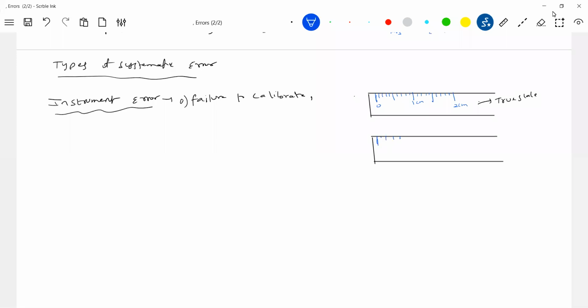Tell me, who is right? There's a true measurement, a true scale, and this manufactured scale.